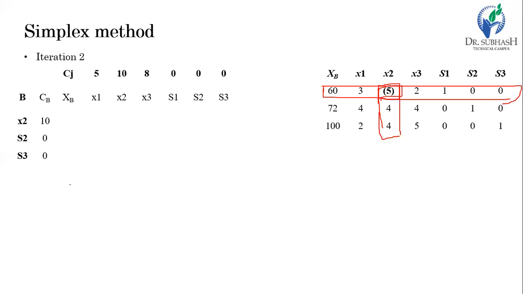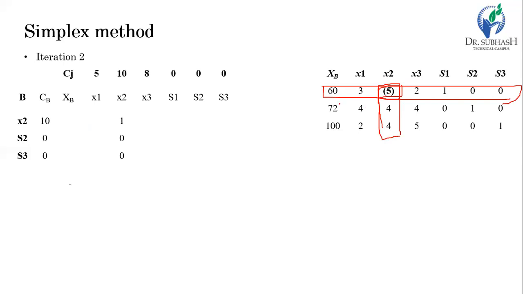So always start the next, modified table with the key column. Put the value of the key element as 1, and all other elements in that column equal to 0. So in this case, we start with the X2 column: put 1 as the pivot or key element, and all the remaining elements are 0 in that column.